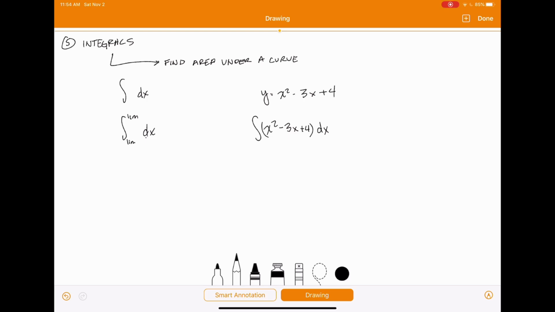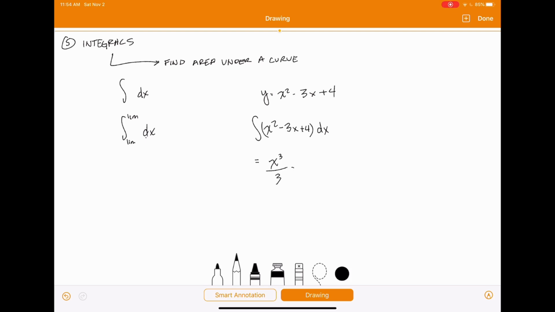How you're going to do this is you're going to increase your power by 1, and then divide by that number. So we've got x squared, increase the power by 1, and then divide by that same number.